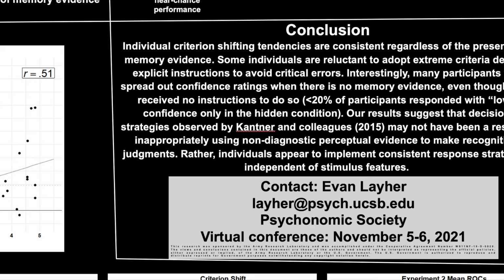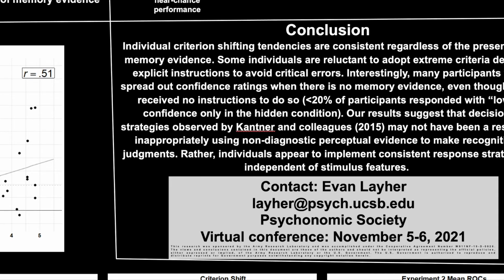Individual tendencies to shift criteria are consistent regardless if there's memory evidence or not to guide the decision. Some individuals are simply reluctant to adopt extreme criteria even in conditions of complete uncertainty.